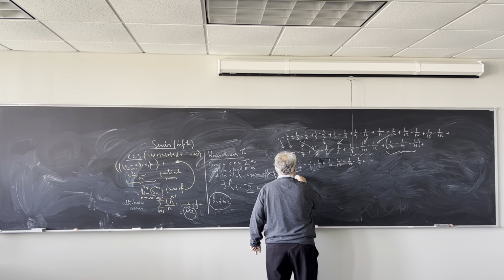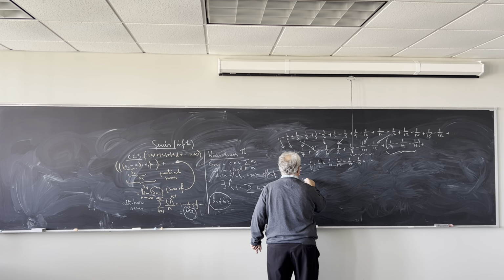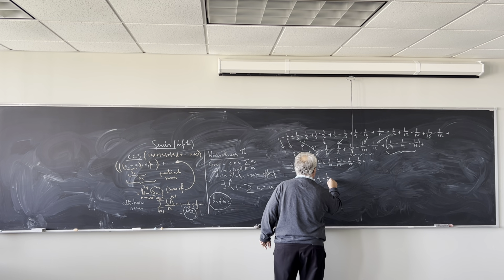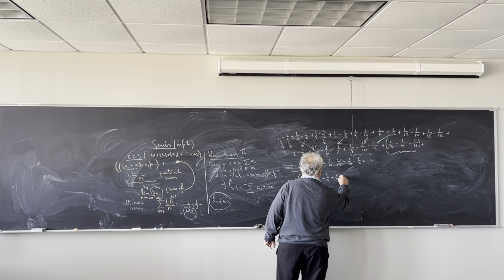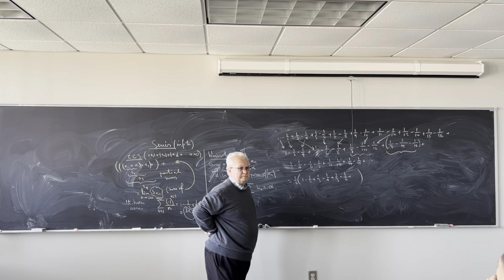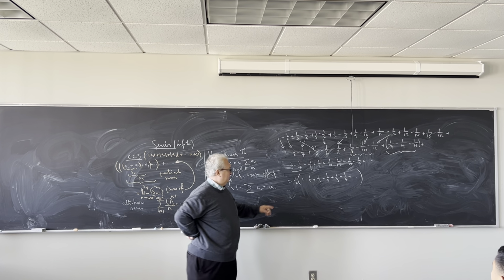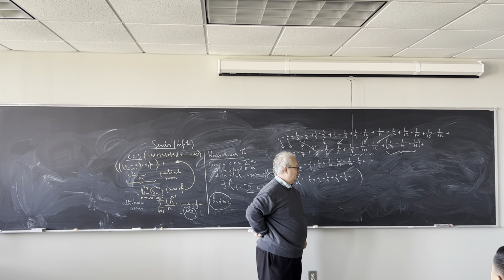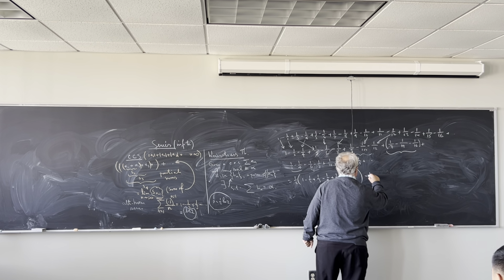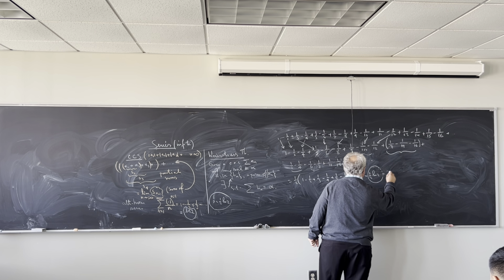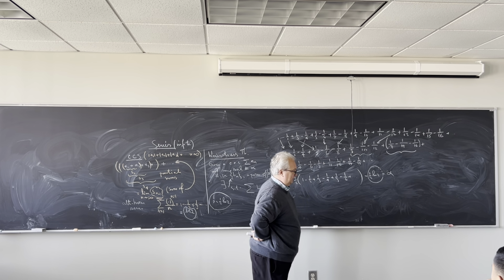So this is going to be 1/2 times 1 minus a half plus a third minus a fourth plus a fifth minus a sixth and so on. But this is exactly what we started with. So this is going to be 1/2 times ln of 2, and that's the alpha that we picked.